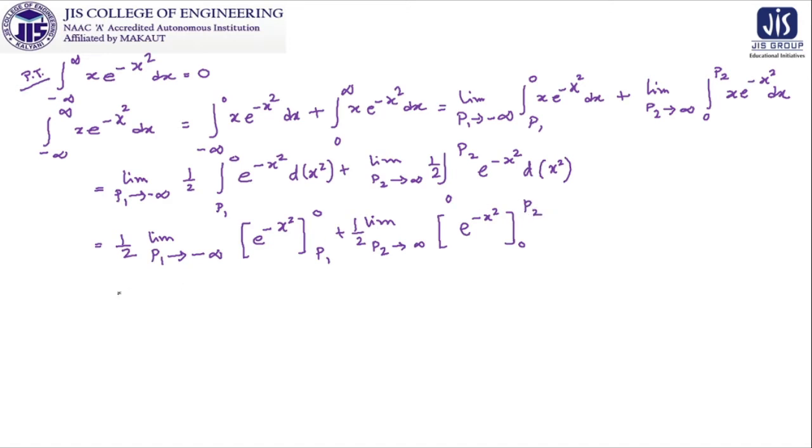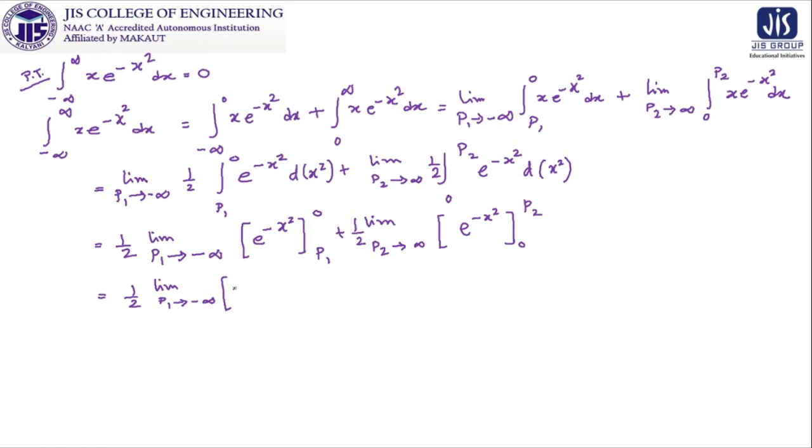Clear? Now in the next line, basically I can leave the problem to you also, because this is simply the application of the limiting cases. So it will be half, then limit p1 tends to minus infinity.